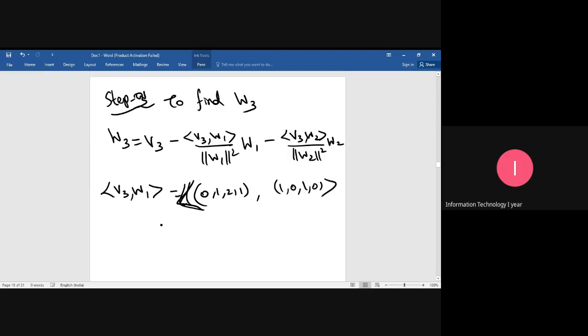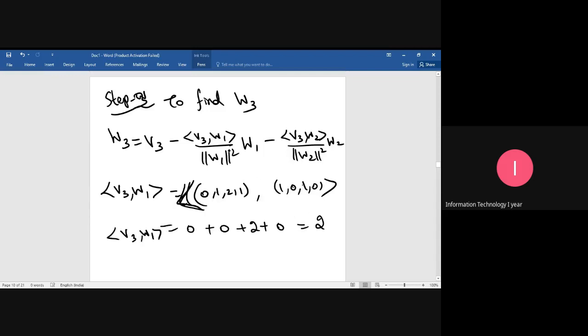So find out inner product now. Here multiplication only. So 0 into 1, this is 0. Second term, 1 into 0, 0, plus 2 into 1, this is 2, plus last element multiplication is 1 into 0, this is 0. What is the answer? It is 2. So inner product of V3 comma W1, answer is 2.